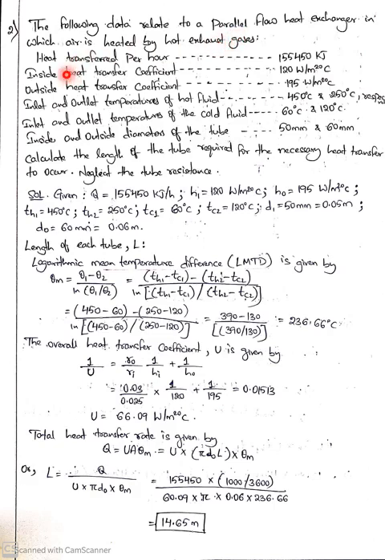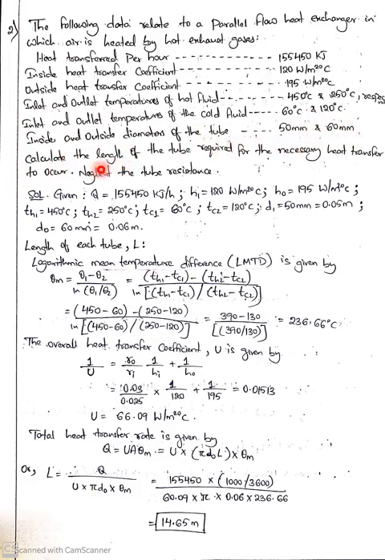Next one, heat transfer per hour. So what has he given? Q, the heat transfer rate per hour. The inside and outside heat transfer coefficients, hi and ho, he has given. Similarly, the inlet and outlet temperatures of the hot fluid and of the cold fluid, and the inside and outside diameters of the tube he has given.